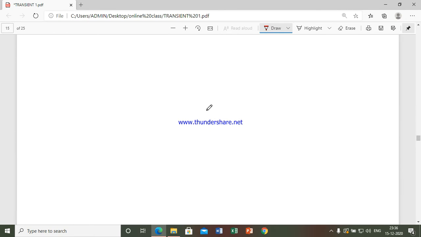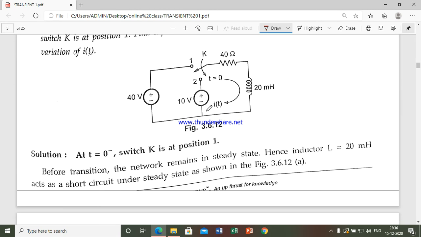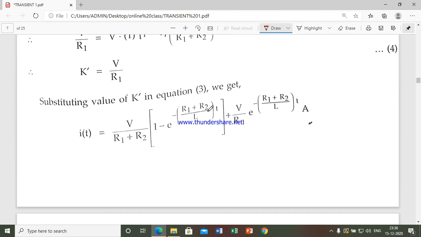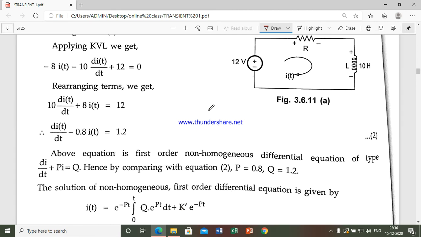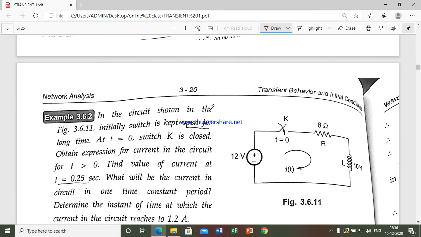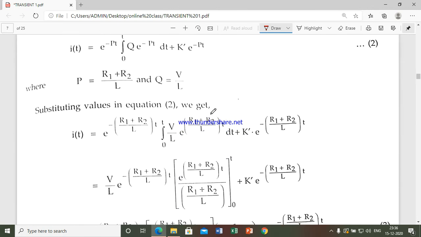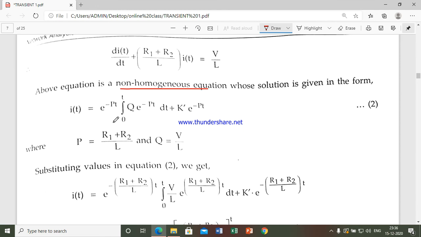I have written that. This is the solution for the non-homogeneous equation.